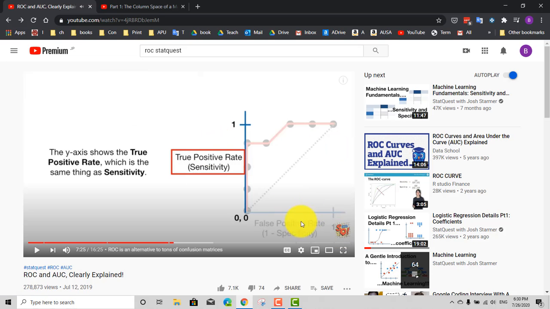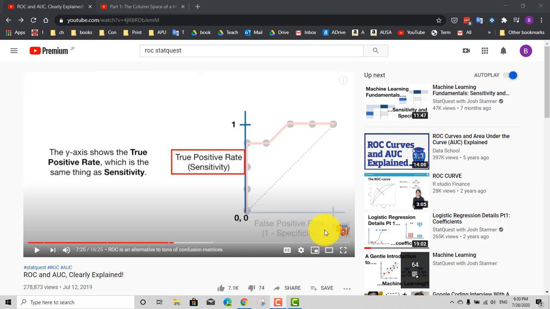Okay, so this is the ROC curve that we want to discuss. And the first thing to notice is what the axes are. You can see that the sensitivity, which is the true positive rate, is one of the axes. And the other axis is 1 minus the specificity.